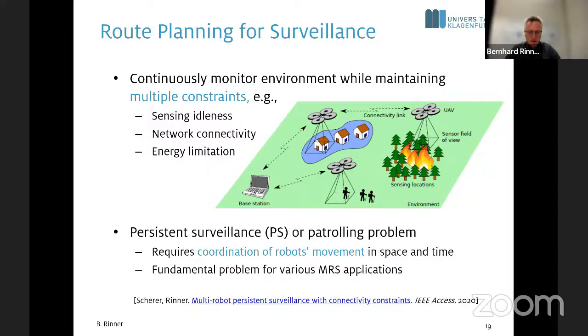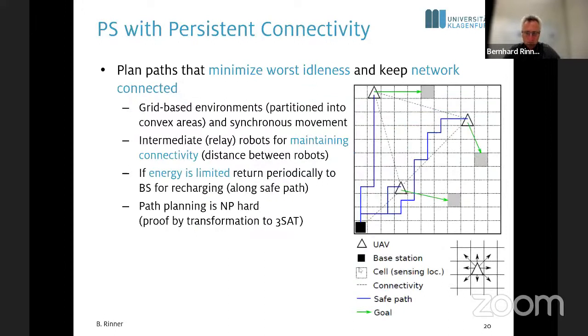Right? And so we need to coordinate the movement of the robots. What we have done here is we framed this also as a discrete planning approach, where we want to minimize the worst idleness. The worst idleness is the maximum time between two consecutive visits to a particular sensing location. And the sensing locations are depicted here by these gray cells. Right?